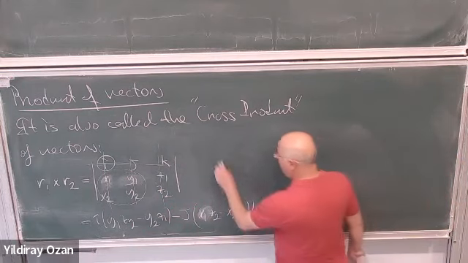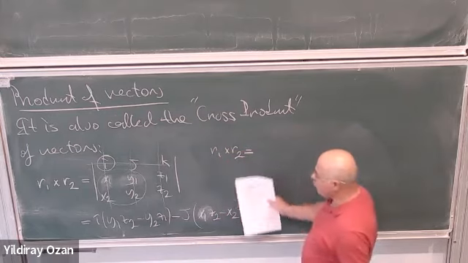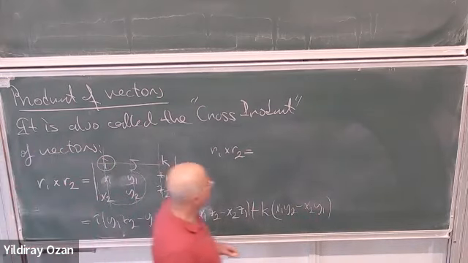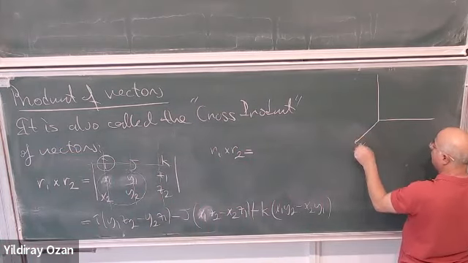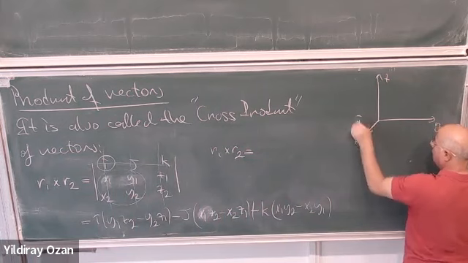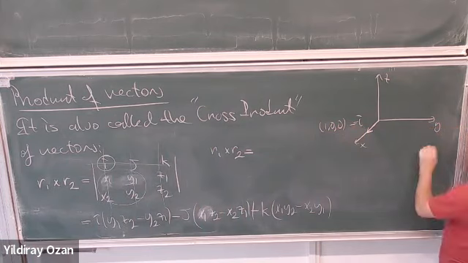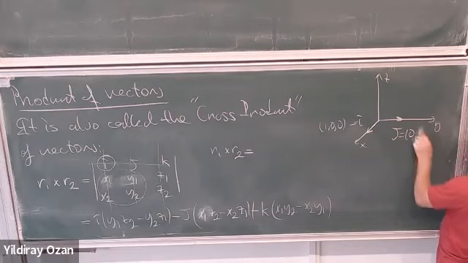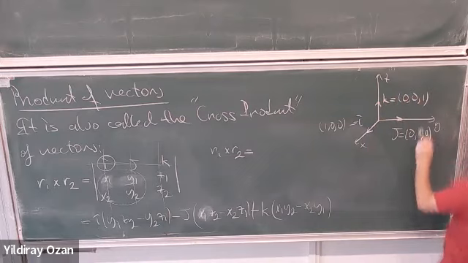Here i, j, k are the unit vectors in the direction of the coordinate axes. i is this vector, so it corresponds to the point 1, 0, 0. j is this vector, 0, 1, 0, and k is this vector, which corresponds to 0, 0, 1.